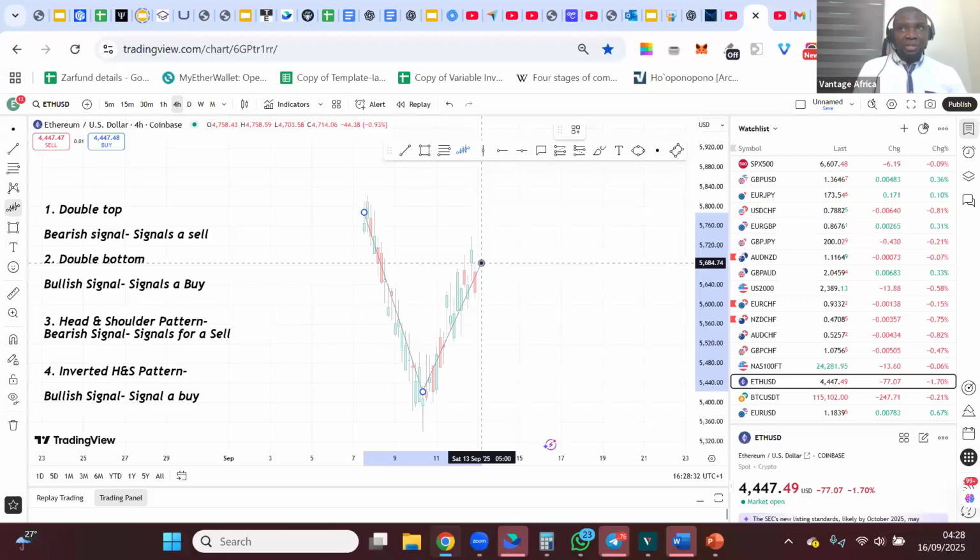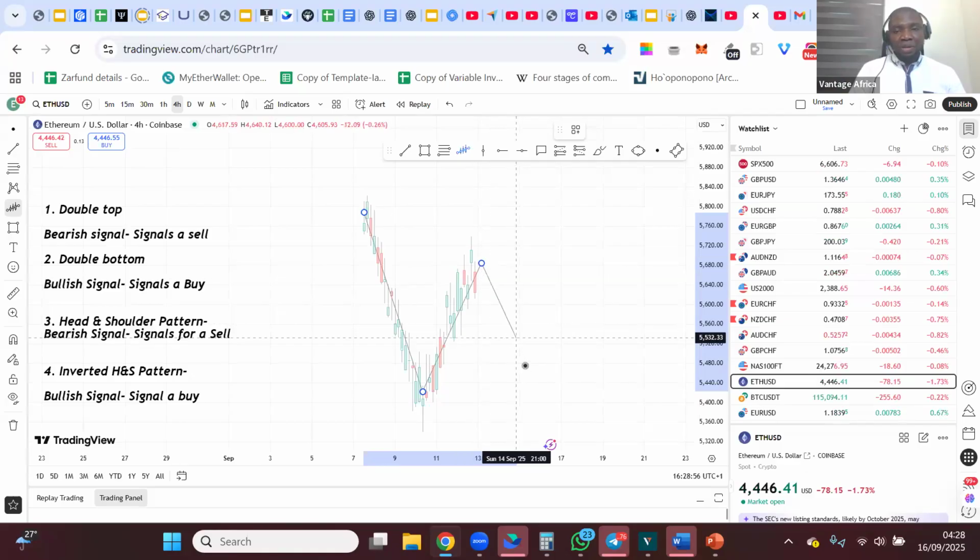Whenever you see price change direction or make certain moves, understand not to take it lightly, because it takes a lot for price to make any move, in fact. So when you see a significant sharp move, it tells you something. Price moved from the top to this bottom here, formed the bottom, and then moved up.